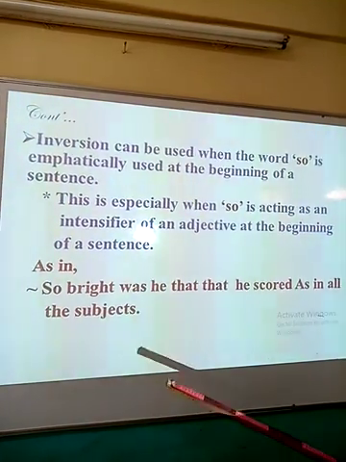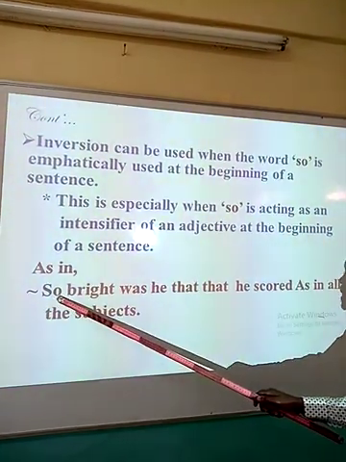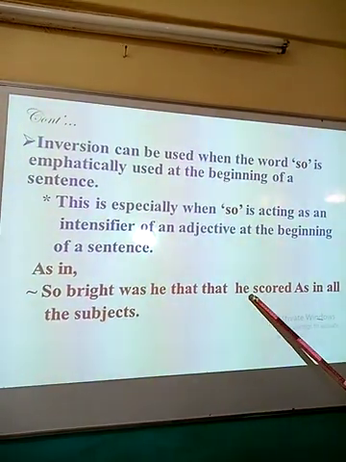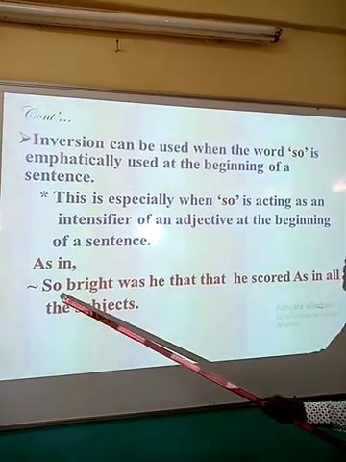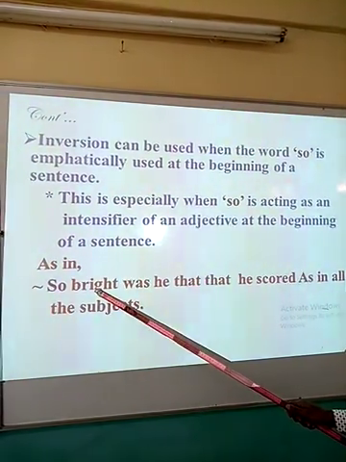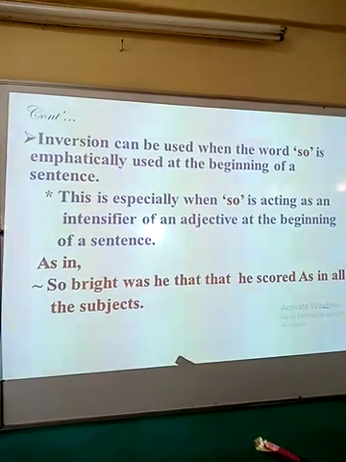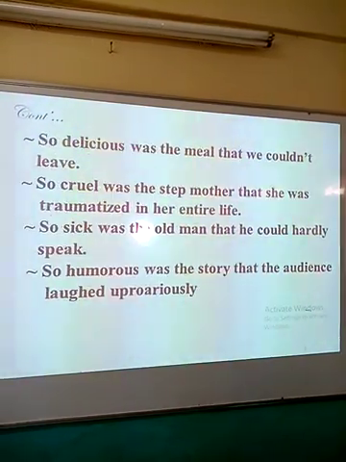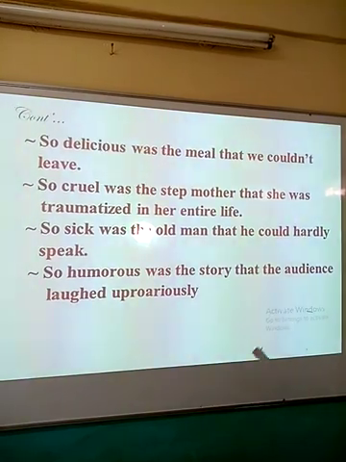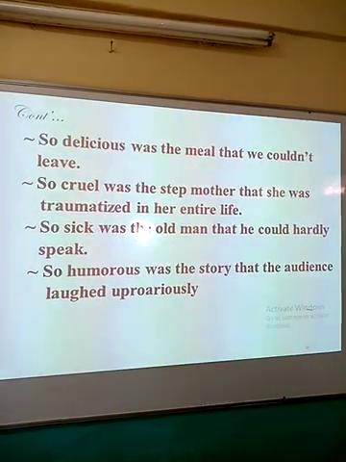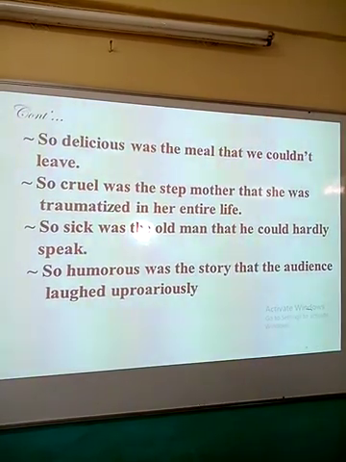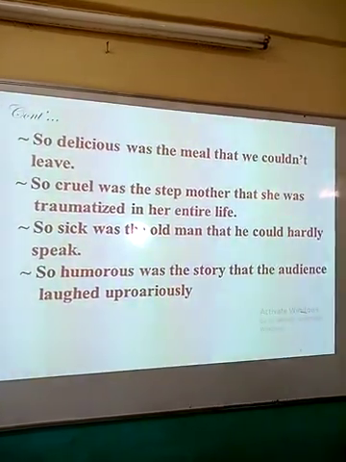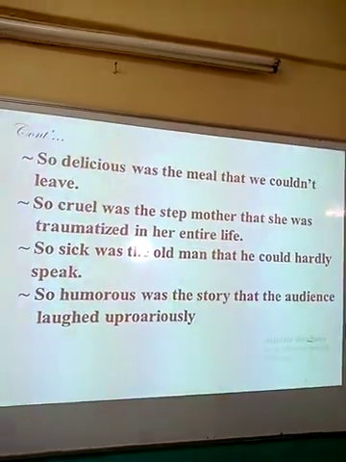We are using the word so here to emphasize how bright this student was. So we use it together with the adjective in order to help us give the intensity the adjective required. So delicious was the meal that we couldn't leave. So we are emphasizing there the fact that the meal was so tasty.